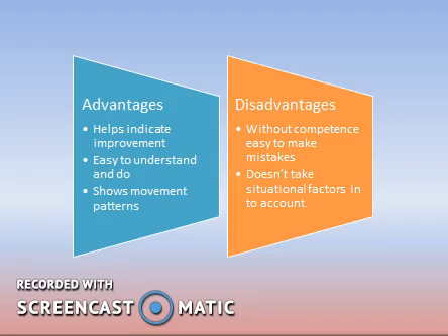It doesn't take into account situational factors either. So someone might have attempted loads of 3-pointers, but they would not be able to tell, like, if people were defending in front of them or the angle in which they were at.